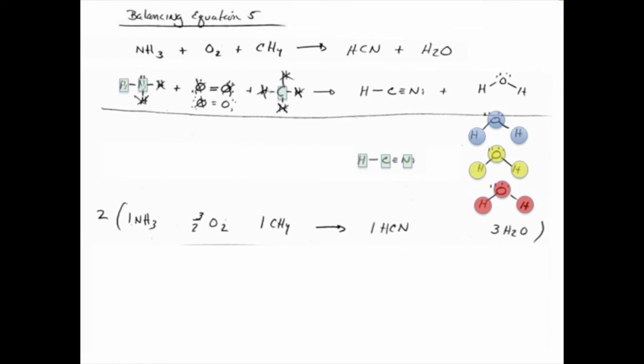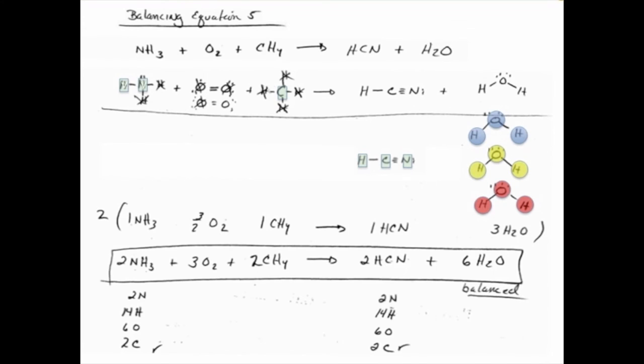So to make 1 hydrogen cyanide molecule and 3 water molecules required 1 methane molecule, 1 ammonia molecule, and 1.5 oxygen molecules, or in other words, 3/2 oxygen. Multiplying this entire equation by 2 to get rid of the fraction, my balanced equation turned out to be 2 ammonia plus 3 oxygen plus 2 methane produces 2 hydrogen cyanide and 6 water molecules.